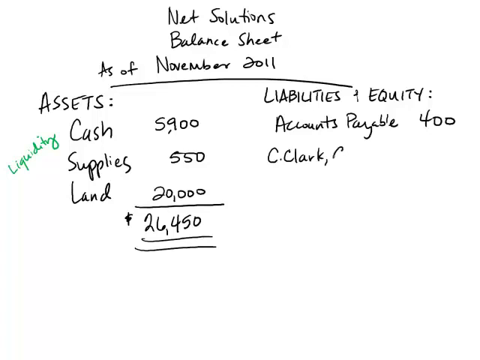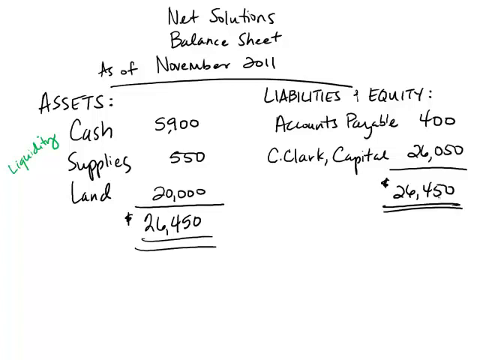Chris Clark Capital, or ending equity of $26,050. Okay, so we balance. Woohoo!